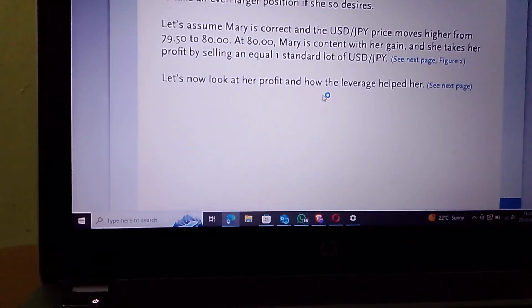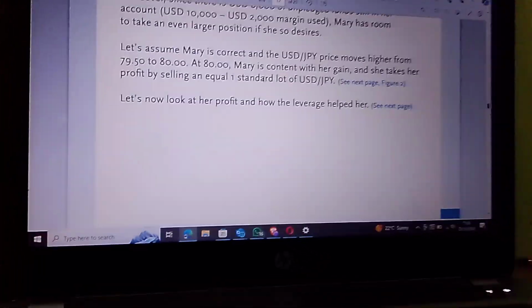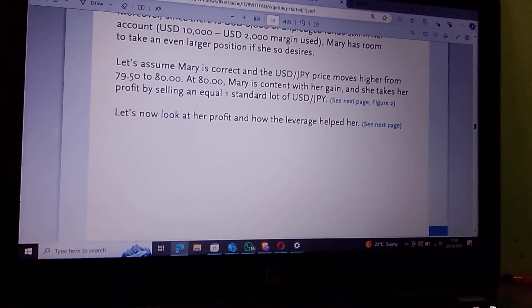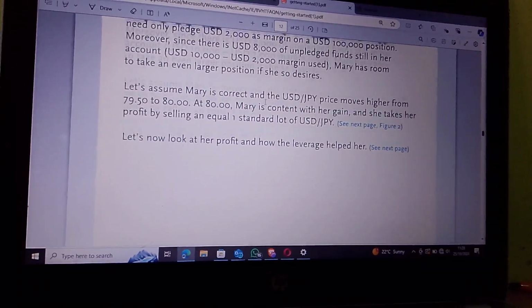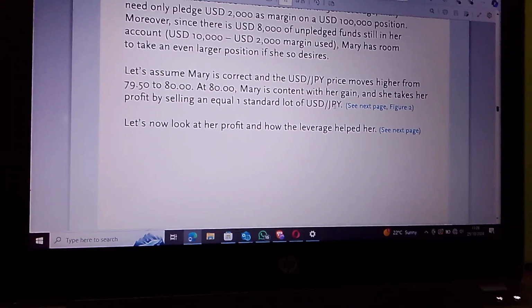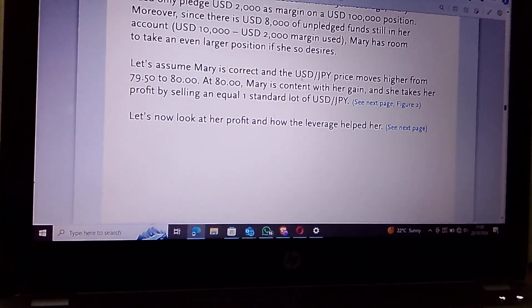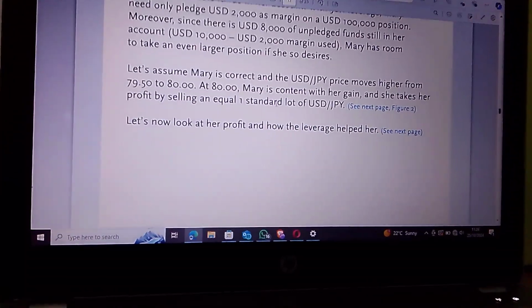Let's assume Mary is correct. She bought, right? And when you buy, you expect the base to go up, while here our base is the USD and our quote is the JPY. So she expects the base to go higher and the JPY to go lower.